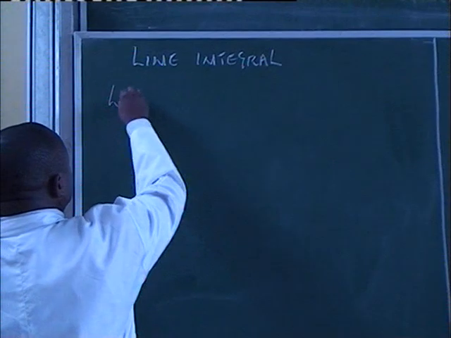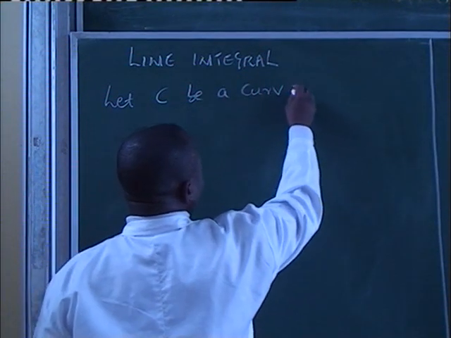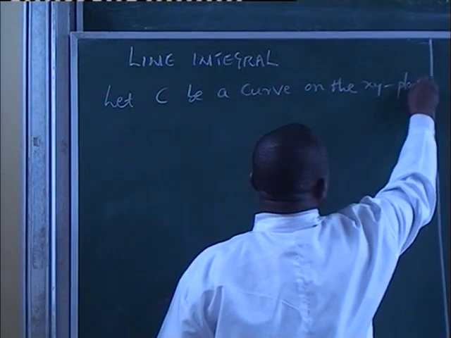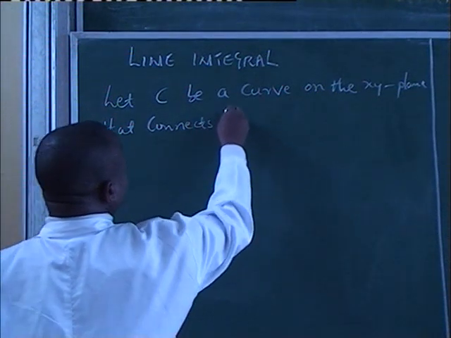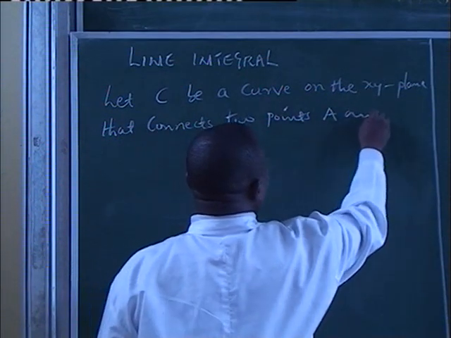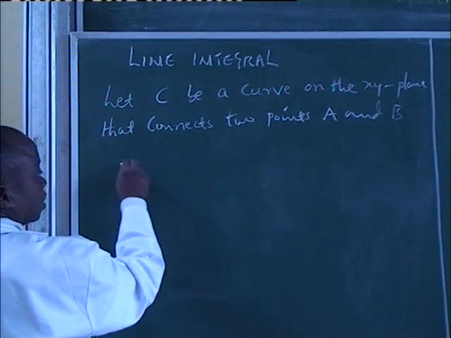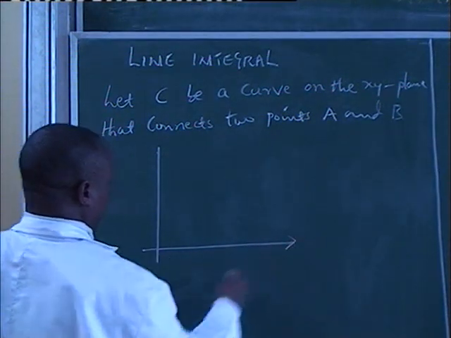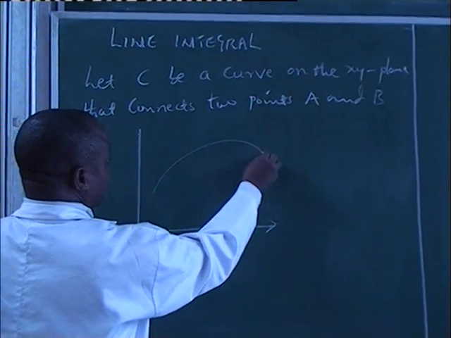Now let C be a curve on the xy plane that connects two points A and B. What we are trying to say is this: we have the xy plane, and then we have a curve like this on the xy plane.